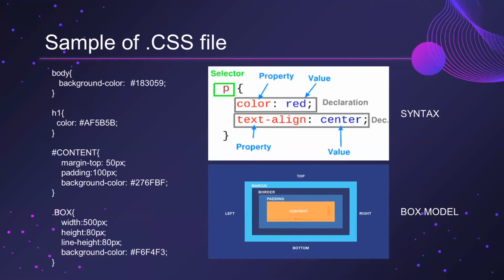For example, if you are using an id attribute for content, you will see a white colored box by default, present in the middle, not on the top. How did that happen? Because I have used a margin of 50 pixels, and when I used a padding of 100 pixels, it equally divided its content on all the sides: top, left, bottom, and right.